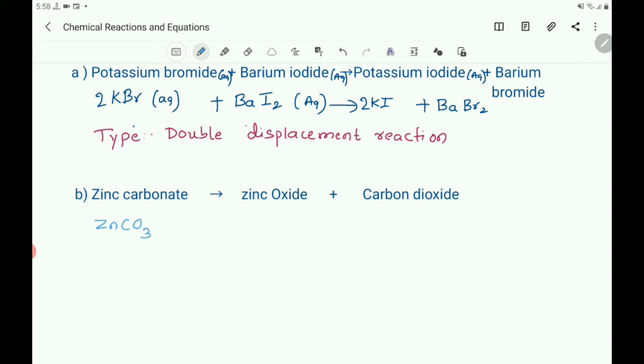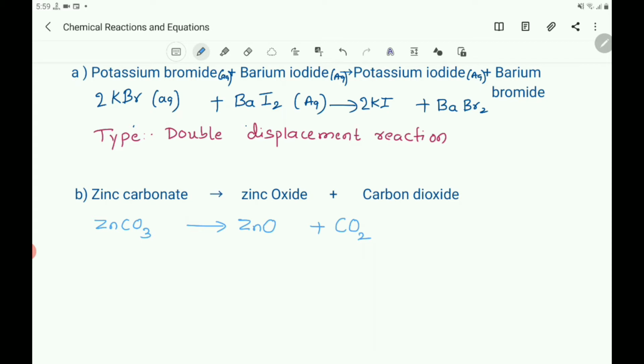ZnCO3 is the molecular formula of zinc carbonate. It gives zinc oxide. What is the molecular formula of zinc oxide? ZnO, plus carbon dioxide. You know the molecular formula of carbon dioxide is CO2.